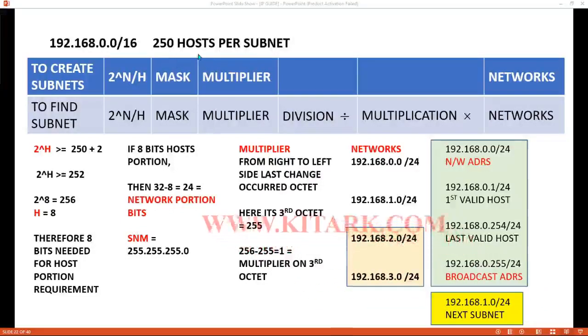If the question is asking about hosts, then you are going for 2 to the power h. If they specify the number of subnets, sub networks, in that case you will use the equation 2 to the power n. Now they are specifying the host, so you are going for 2 to the power h.